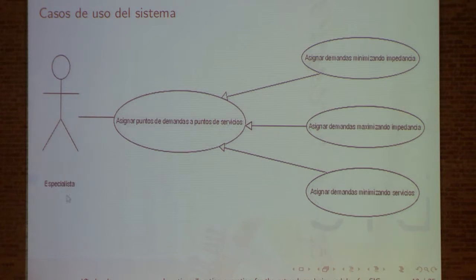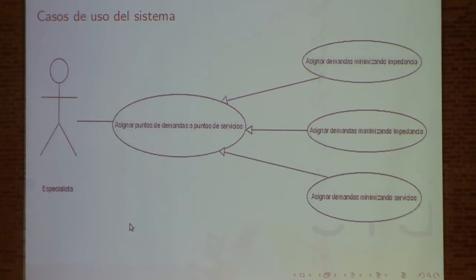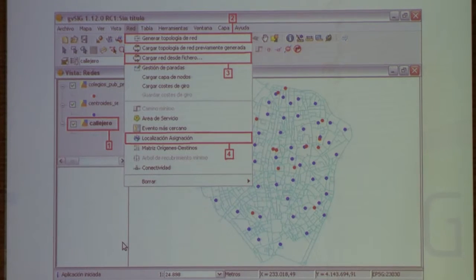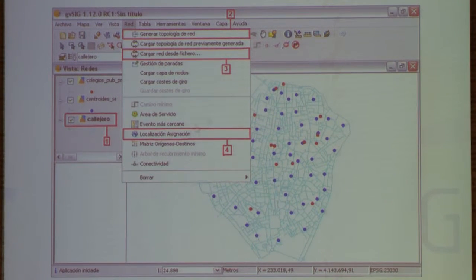Here we've got 3 examples of use which were implemented here. Over the 1.11 version of SIG, which incorporates a module for network analysis, where we have some functionalities. We can generate a topology for the network based on GPS, which is linear.